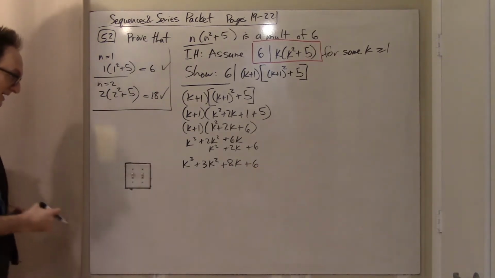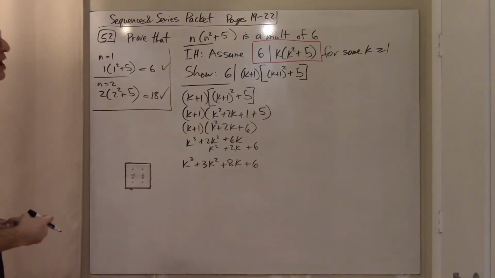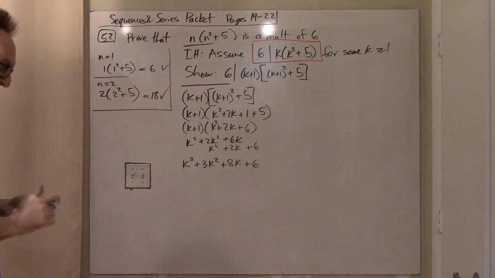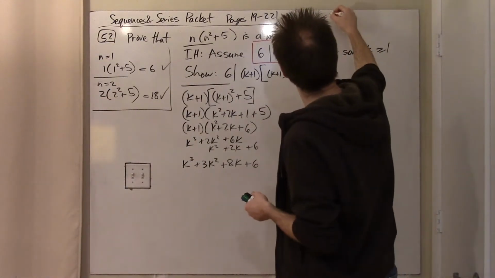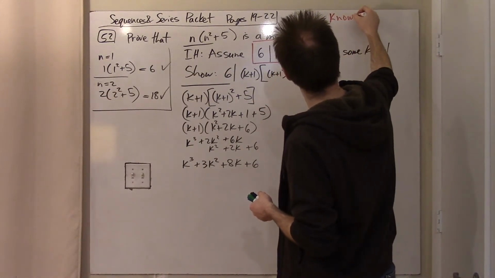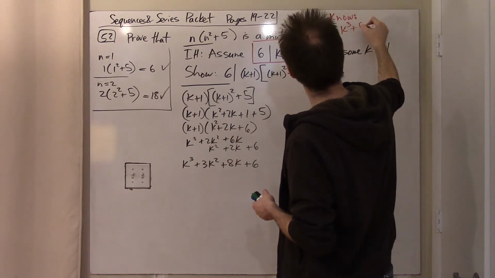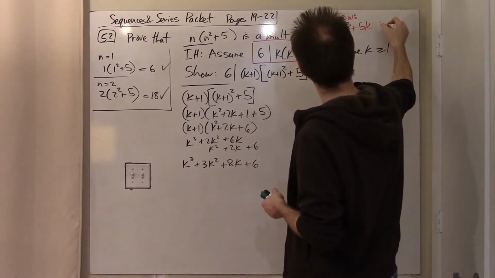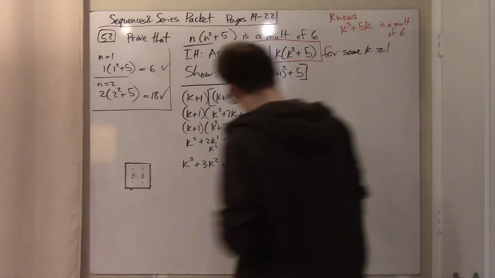All right, well, I got something now. Why is that a multiple of 6? I have no idea. But what is the one thing that I know? Well, the one thing that I know is that k cubed plus 5k is a multiple of 6.